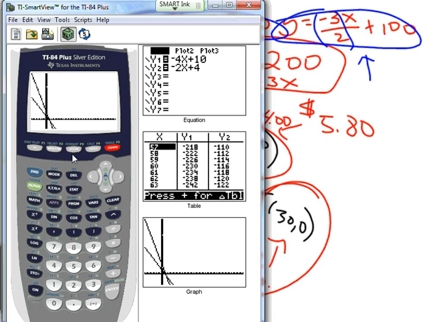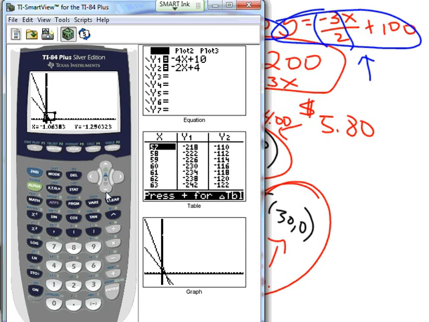Well, I'm going to zoom box it. I'm going to hit the zoom and go zoom box, and I'm going to box in the area that I want to see. You get to where you're close, and then I'm going to hit enter to start the corner of the box, and then I'm going to arrow over and just box in the place where they cross.